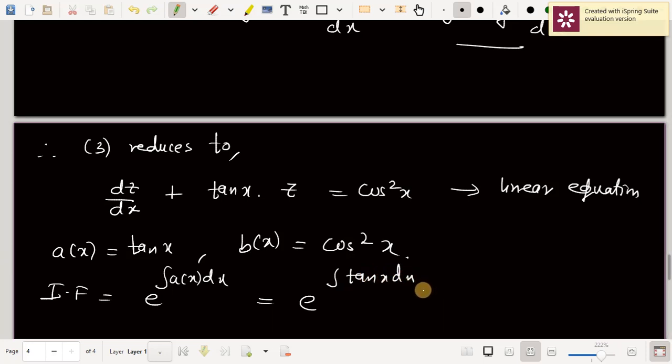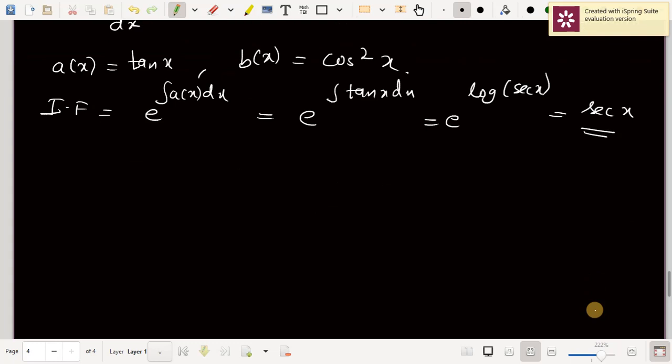Integral of tan x is same as log of sec x, and so this becomes e raised to log of sec x. So this becomes sec of x. In fact, this is same as minus log of cos x, which can be written as log of cos x the whole raised to minus 1, that's same as log of sec x, and we have this as an integrating factor. So you need to multiply this integrating factor.